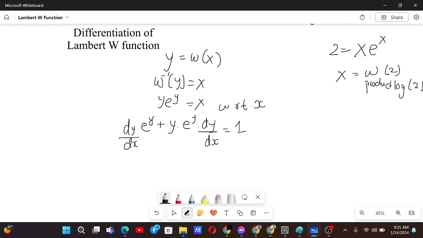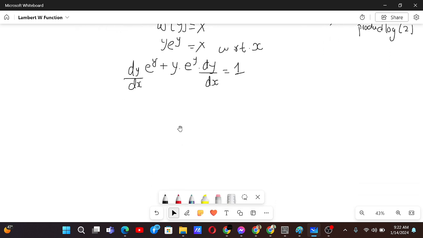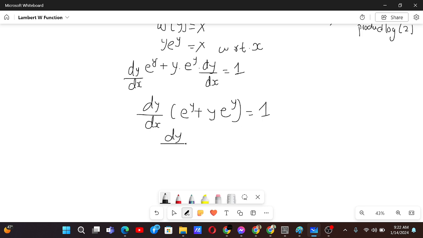Now we can take dy by dx common, and that will give us dy by dx times e to the power y plus y times e to the power y equals 1. Now dy by dx will be equal to 1 by e to the power y plus y times e to the power y.